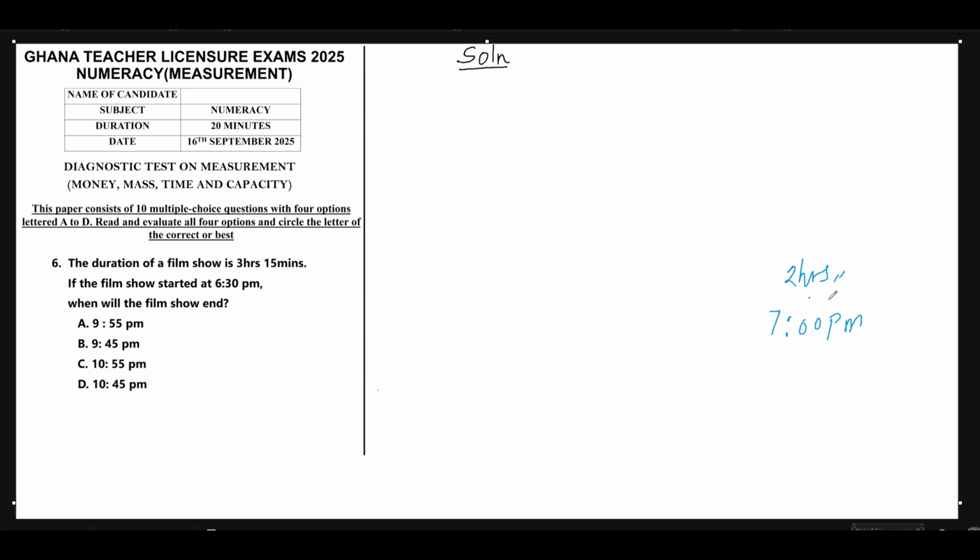Then can we tell the time when the film show will end? The start time is 7 o'clock p.m. and the duration is 2 hours. So it is clear that the movie will end at exactly 9 o'clock p.m.